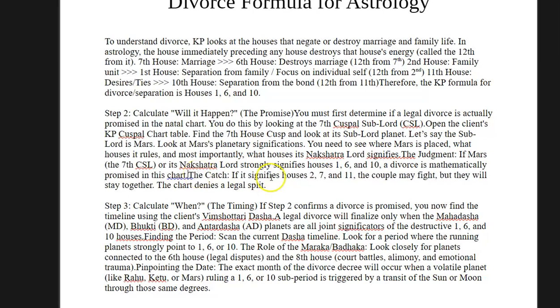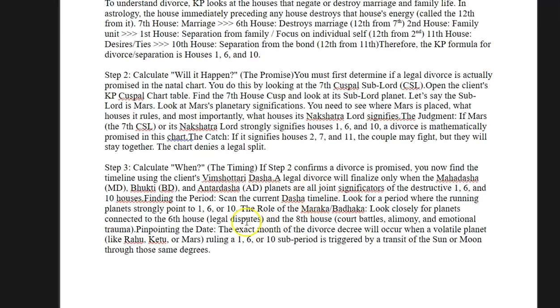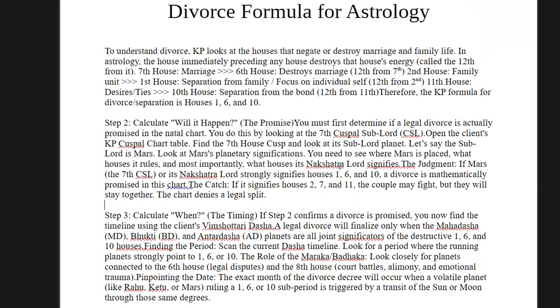The second, seventh, and 11th house will show that even if there's a lot of friction in the chart, the couple can still stay together. And then finally, we're going to look at the timing. As you know, this is largely based on dasha systems. There's a couple extras that you could throw in there, such as like a madaka or sometimes like an alternative house. But for all intents and purposes, we're going to keep this practical and we're going to just open up a chart now.